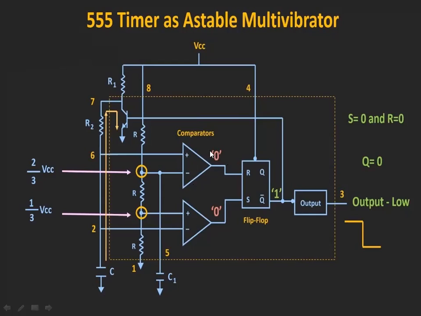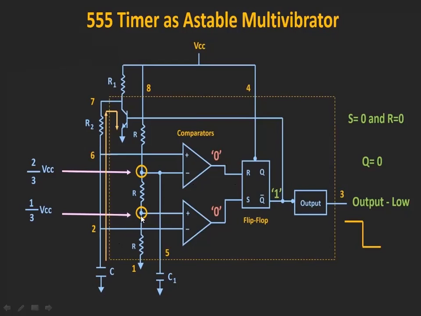Then the output of this comparator becomes 0. So when the 0, 0 condition is there, the output will be in low state only. Again, the output remains in low state. Okay. Next, the capacitor is going to discharge.